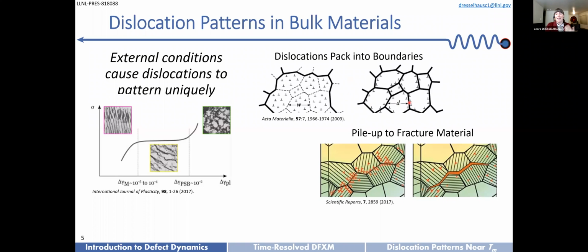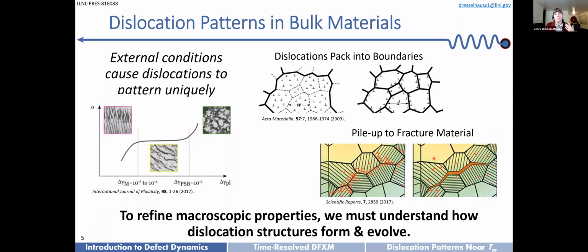For example, they can pack into stabilizing grain boundaries, giving rise to strength, or they can pile up and localize residual stresses, in some cases leading to fracture or failure of the materials. To refine and control these macroscopic properties, we need to understand how these dislocation structures both form and evolve.